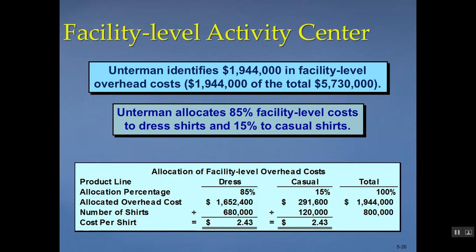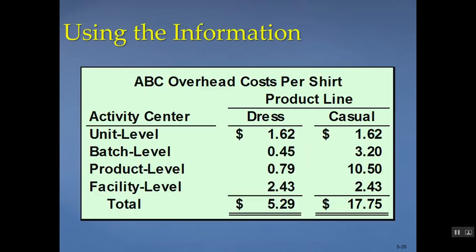And then finally, for the facility level cost of $1.94 million, they're basing it again on percentages. So what does this look like when we put it all together? Well, you can see that once we take the cost per shirt for each activity center at the unit, batch, product, and facility level, we're going to see that it is significantly less expensive to make a dress shirt than it is to make a casual shirt.